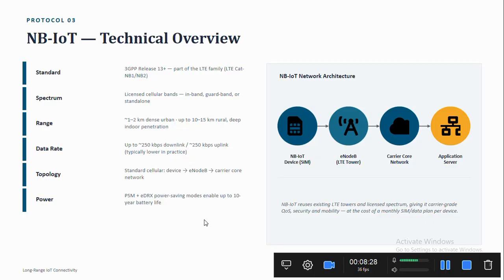So all these steps give a predominant structure for using NB-IoT, which reuses the LTE towers and licensed spectrum, giving a carrier-grade system, security and mobility, at the cost of a monthly SIM and data plan.